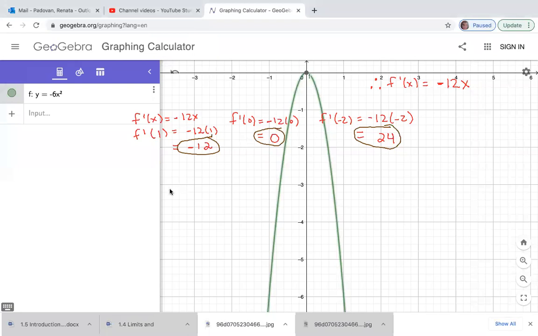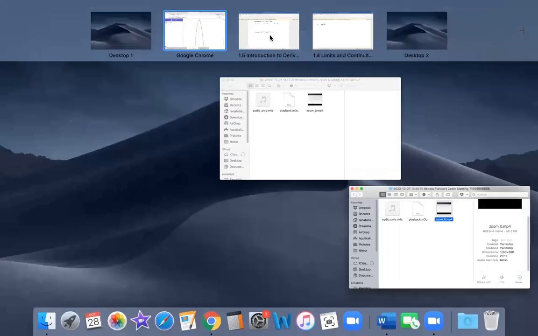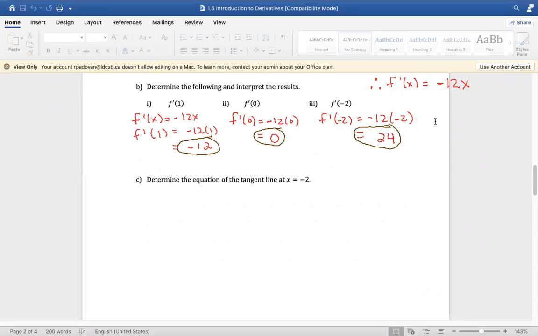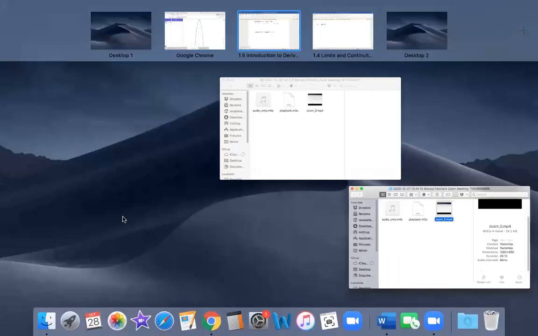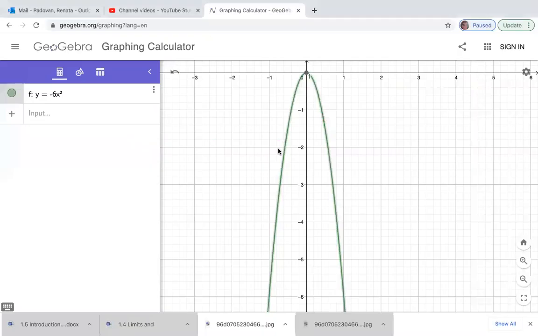Okay. Too bad that I have to erase the work that I did though to go back. So hopefully you have that down and we can just come back to it. Unfortunately, I have to clear it right now. But if we go back to y equals -6x squared, which is this graph here. You can use any graphing, you can use Desmos if you want.